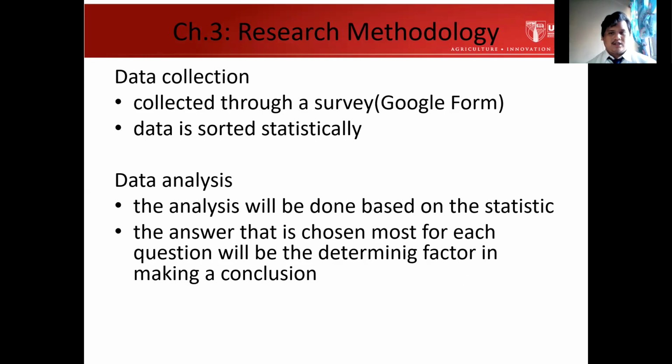However, in section B and section C, it will be a Likert scale question and the students can only choose one. Later, the data will be sorted out statistically, which means that for each question, each answer will be observed and the numbers will be recorded.